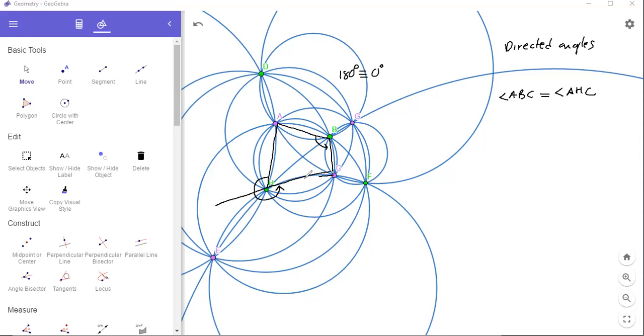So HC is basically considered here as a line. If you want AHC, it's the angle between line AH and line HC. The first time it meets this, it's actually here, which is going to be equal to this angle, the external angle at one point and the other.